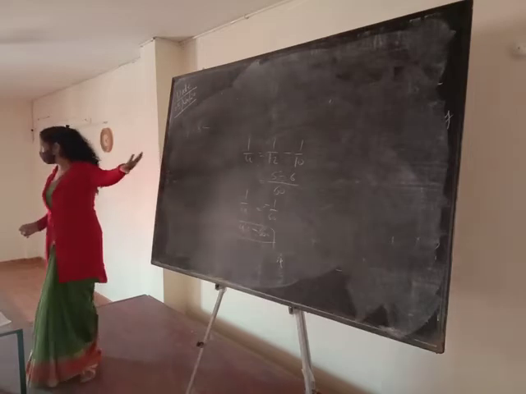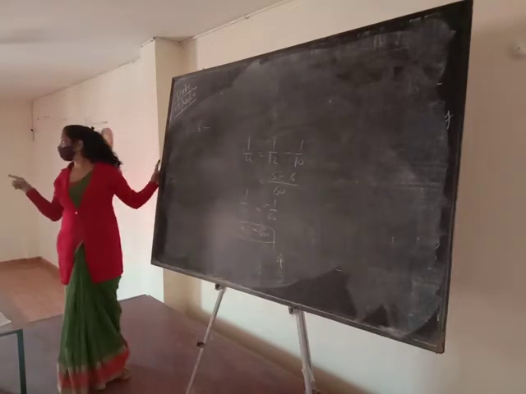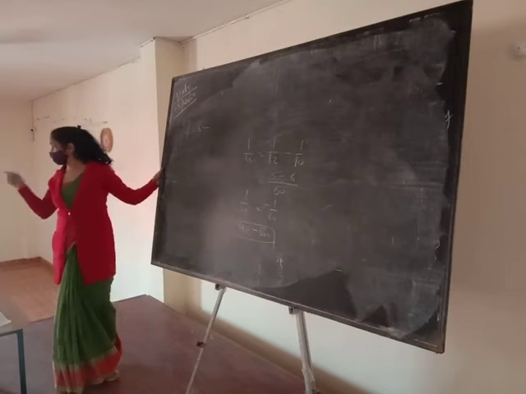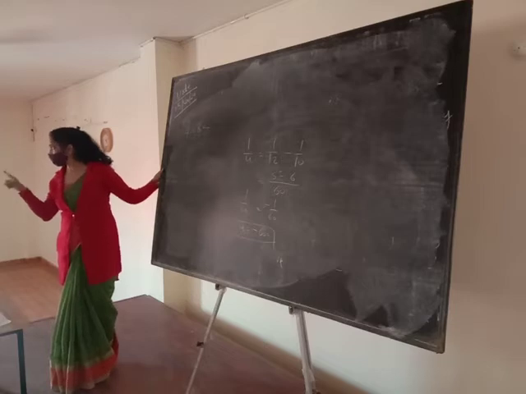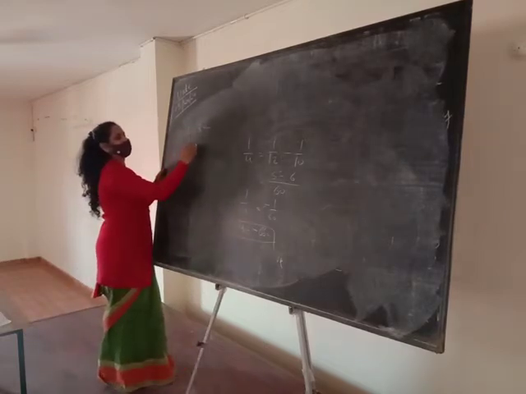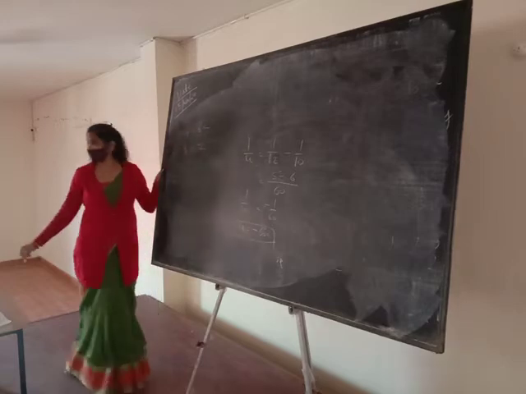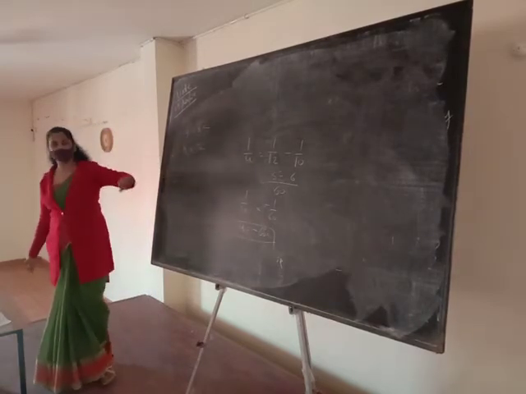f is 8 centimeter. Height of the object, what symbol do we use for representing the height of the object? h1. h1 is 7 centimeter, and positive. Okay, good.